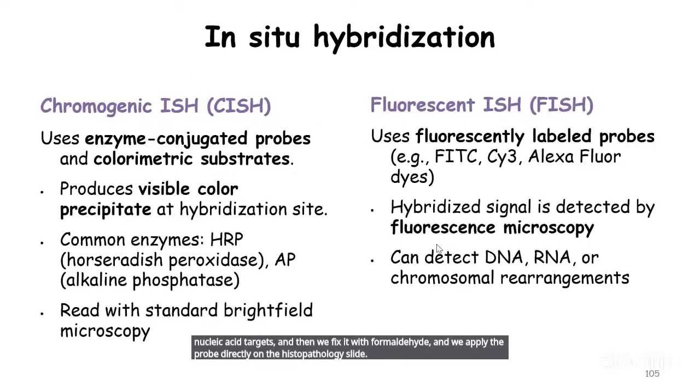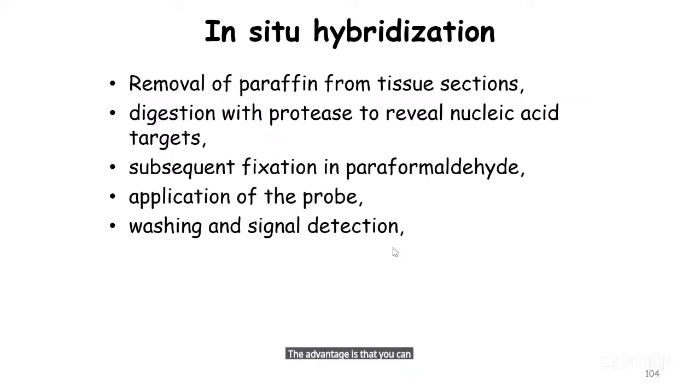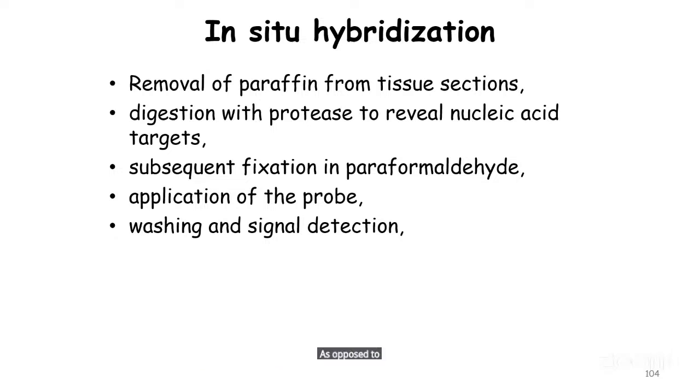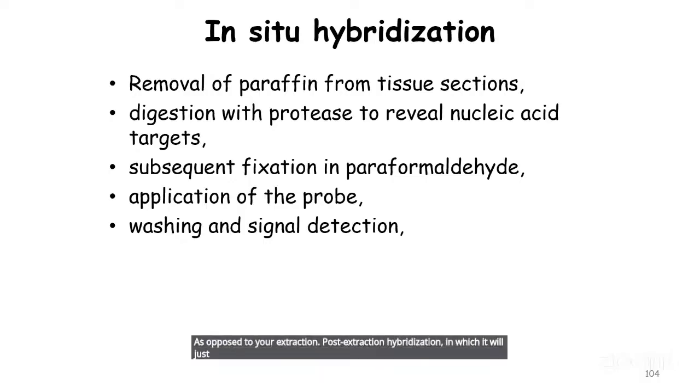The advantage is that you can know which cell has the target DNA and which cell does not, as opposed to post-extraction hybridization, in which it will just be a solution of everything.